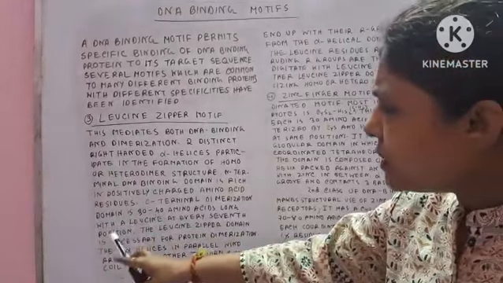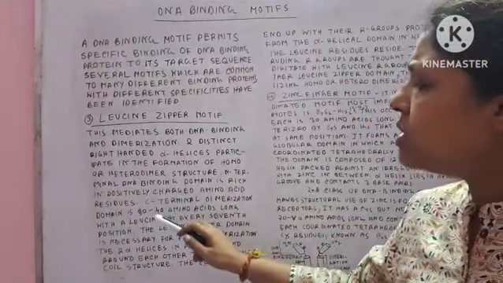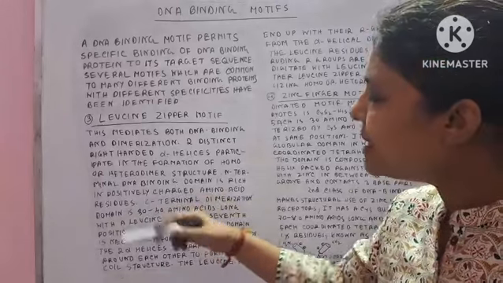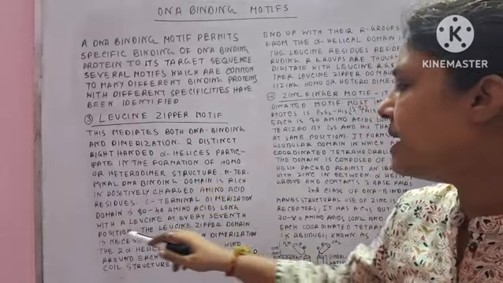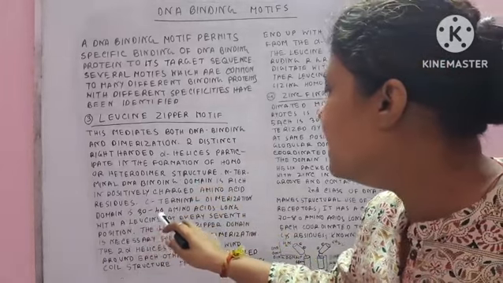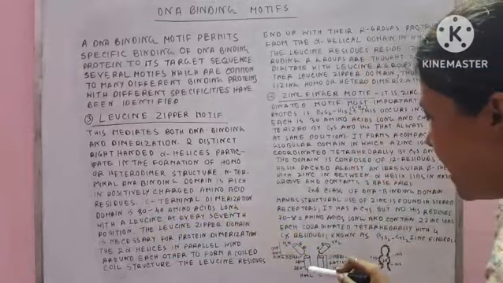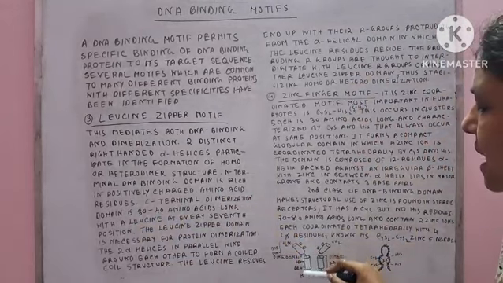Now, leucine is very important here, because the leucine zipper domain is necessary. Leucine appears at every 7th position. Here 30 to 40 amino acids are there.